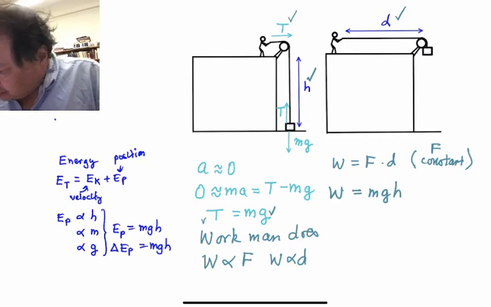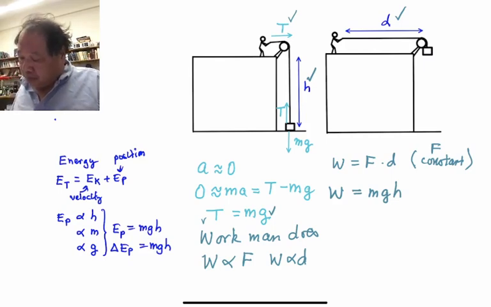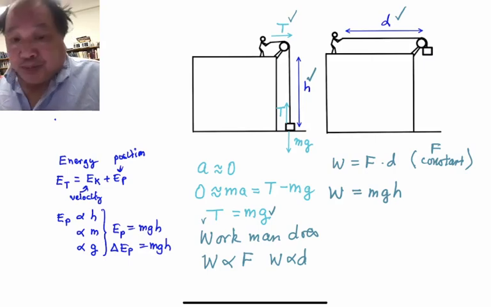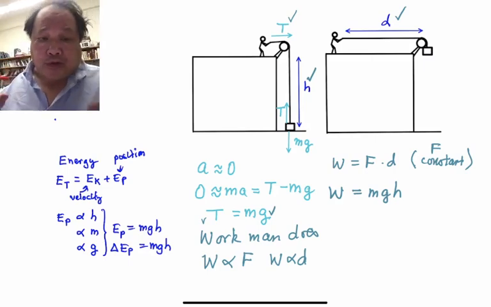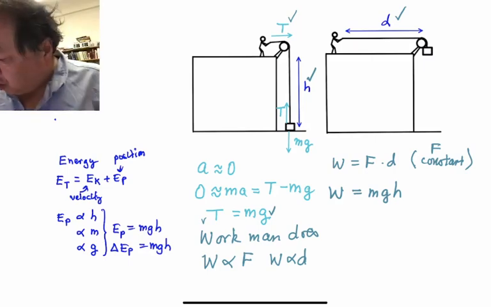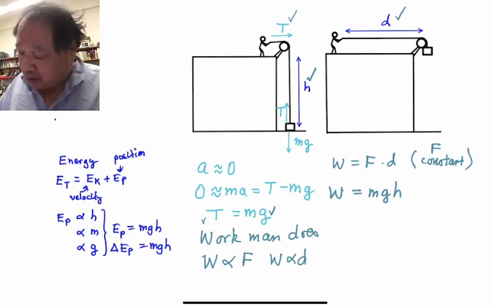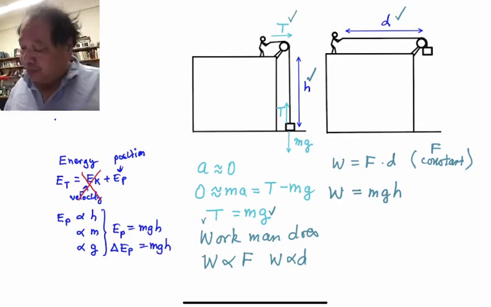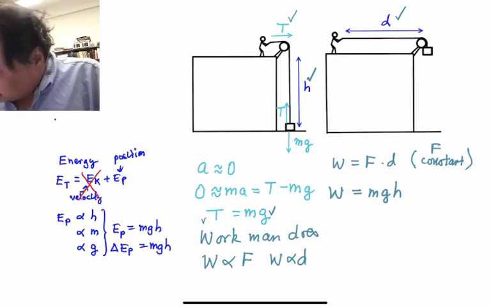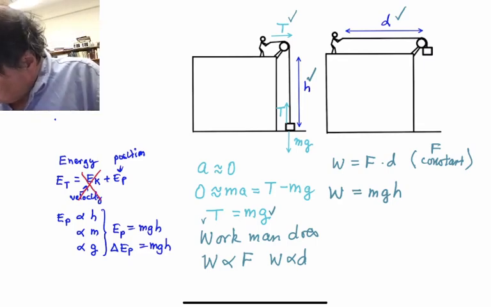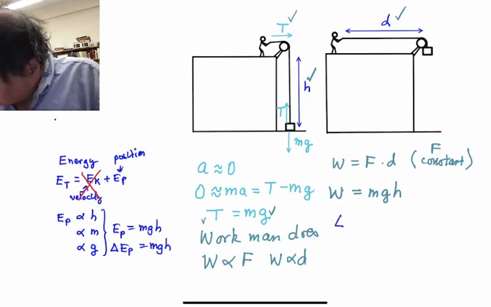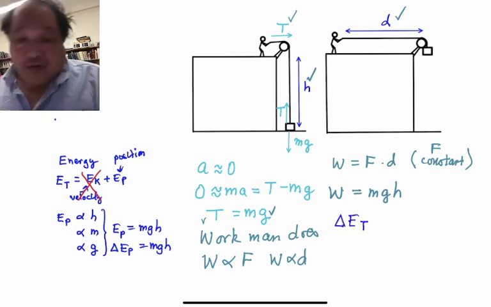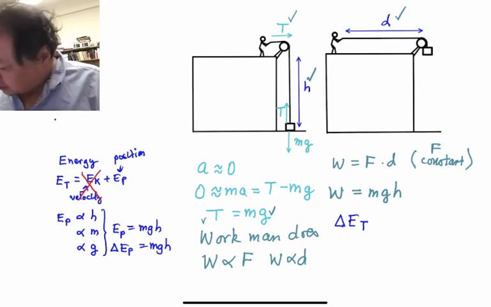And we saw here in this problem, we're considering where velocity is almost zero. There's no acceleration. So for the velocity term, the EK term, we can ignore. Delta ET, the change in total energy, will have no connection to the kinetic energy because nothing is really moving.